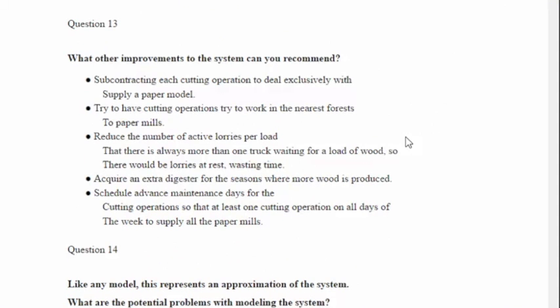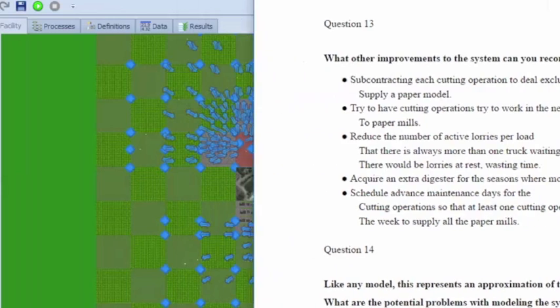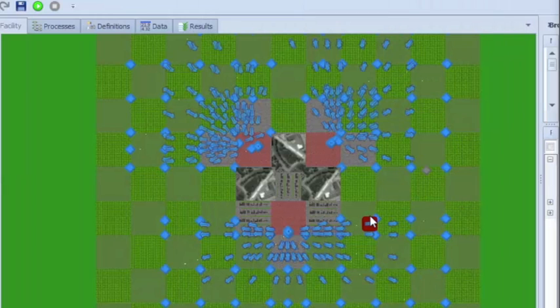What other improvements to the system can you recommend? Subcontract each logging operation exclusively with a supplier and paper mill. Try to have the logging operations work with the nearest forest to the paper mill.